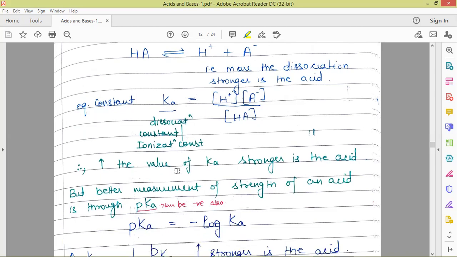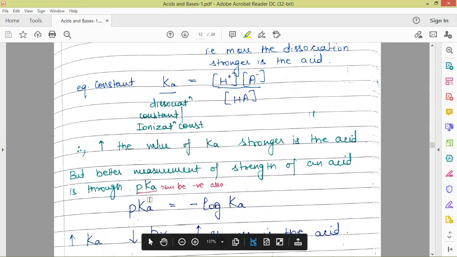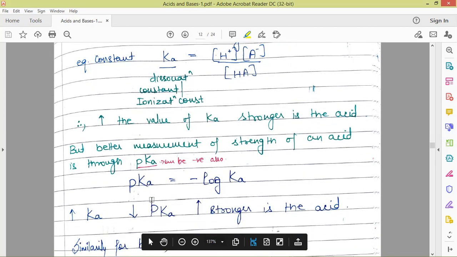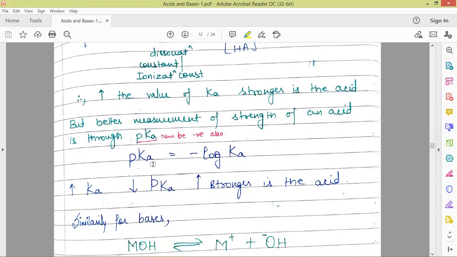But a better measurement for acidic strength cannot be done in the form of Ka. We need a different value, that is pKa, which provides a better measuring scale for the strength of acids. For bases it is pKb, for acids it is pKa. pKa values can be positive or negative based upon the strength of the acids.